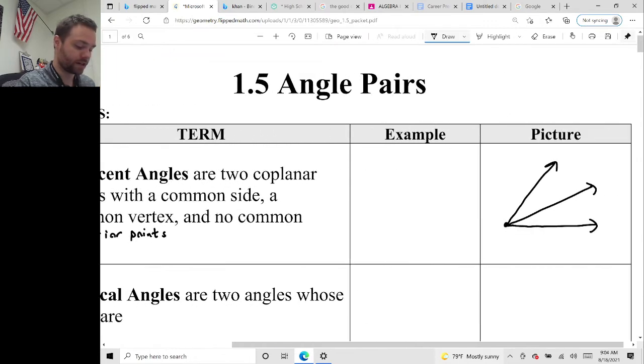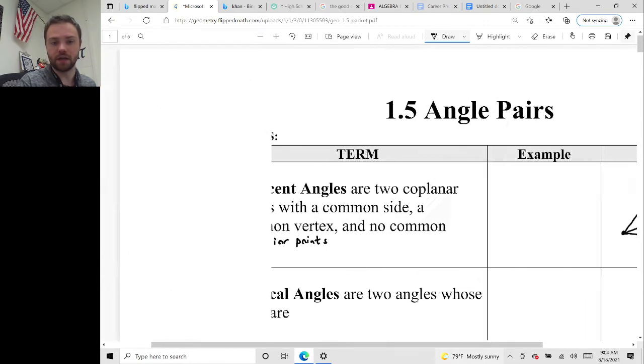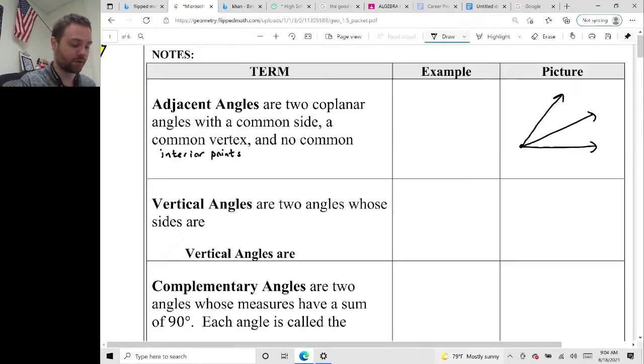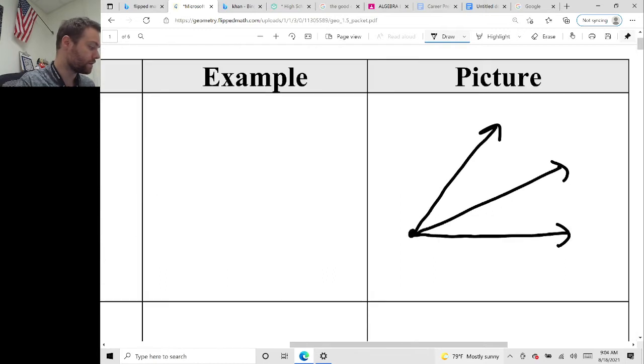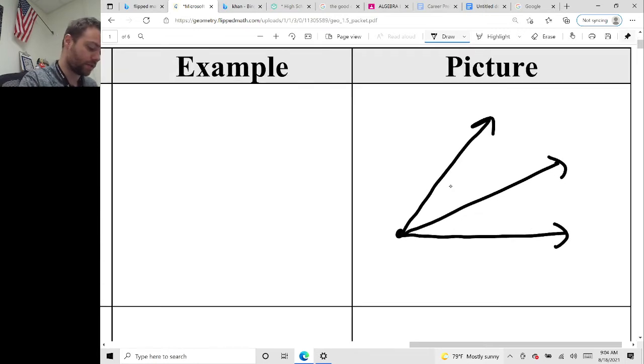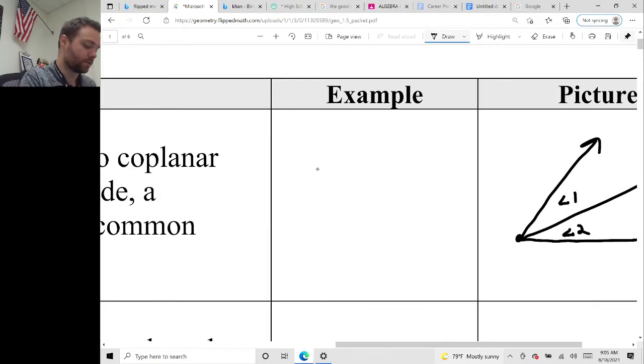A common vertex, so they meet at the same turning point. This is a vertex. And no common interior points. So there is no common interior points. And we're going to call this one angle 1 and this one angle 2. So the examples over here would be angle 1 and angle 2 are adjacent angles.